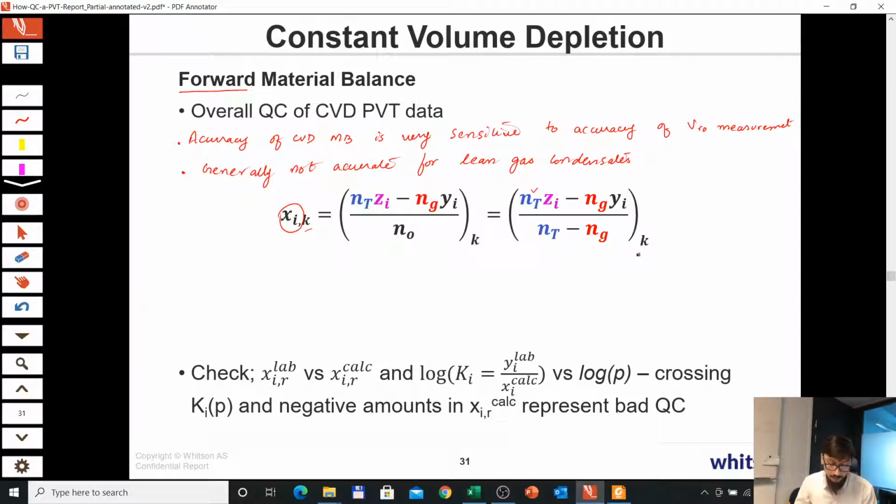And the reported data. So if we look at this equation, among all these parameters here, the only data that we know that's reported is this yi. So all other data that's required here, the total moles, the zi, the ng values, those need to be calculated using some kind of reported data.